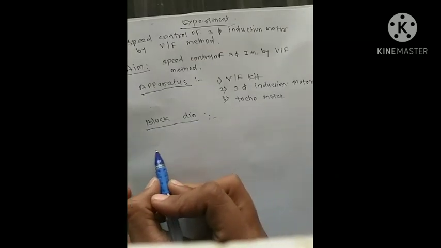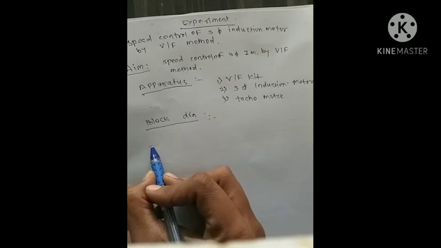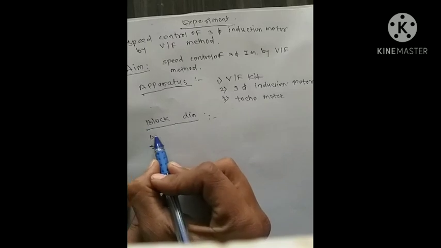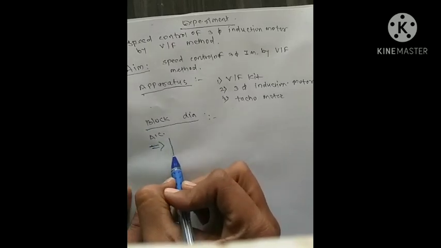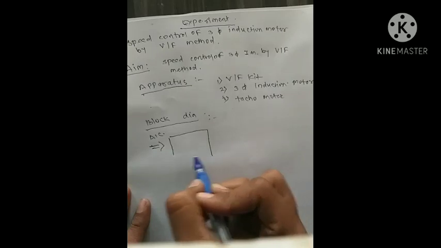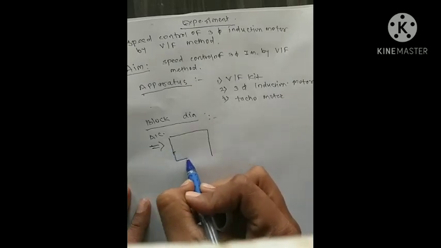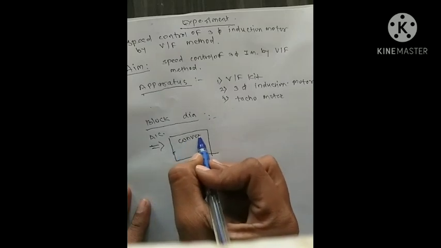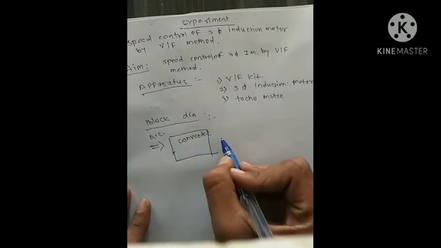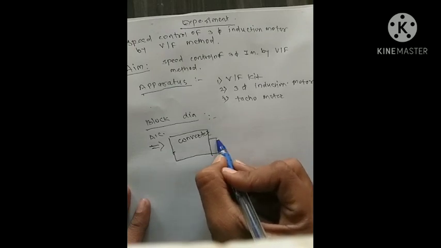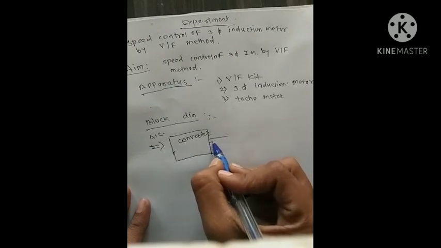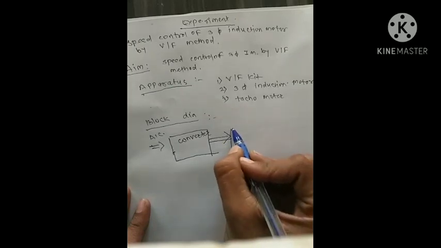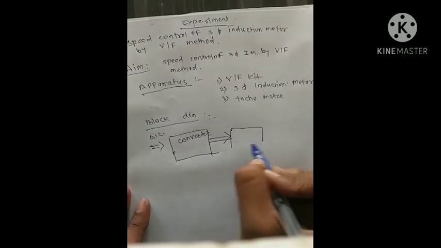First, we give an AC input to the converter, and the input of the converter is AC. After that, the converter gives output as DC to the inverter.